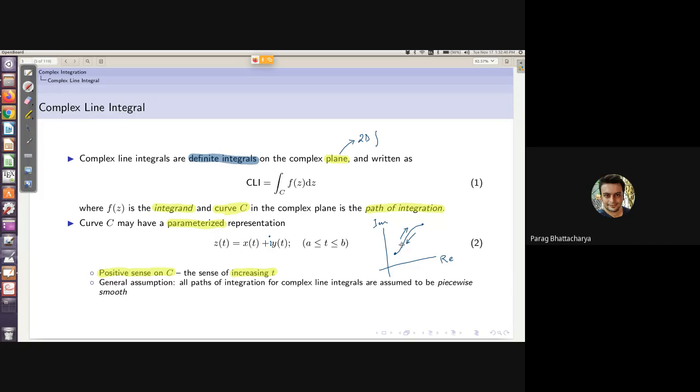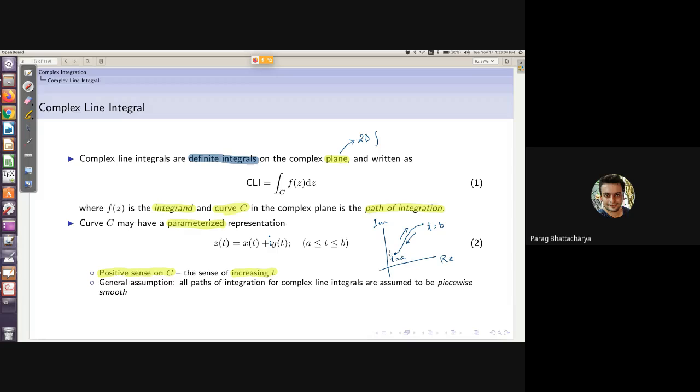Because t has a lower bound a, let's say t is equal to a at this point, and t is equal to b at this point.